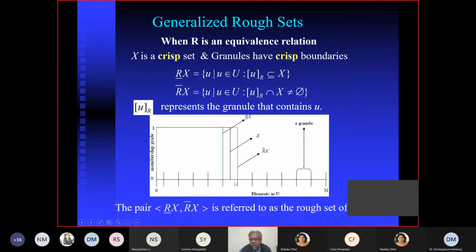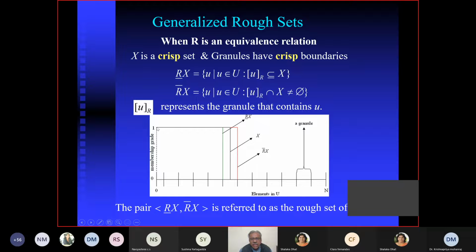But this granule is a boundary granule. So I can put a green line here. The black and green constitute my lower approximation of this set, because these are the granules that definitely belong to this set. Similarly, this lower approximation plus this boundary granule together, marked in red, is called the upper approximation of this set.